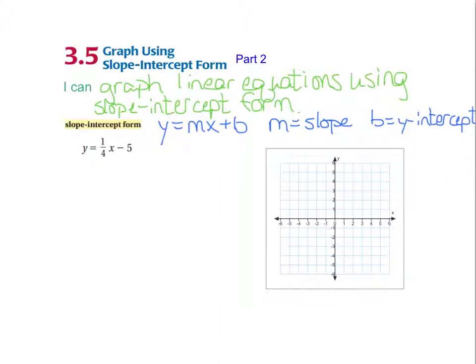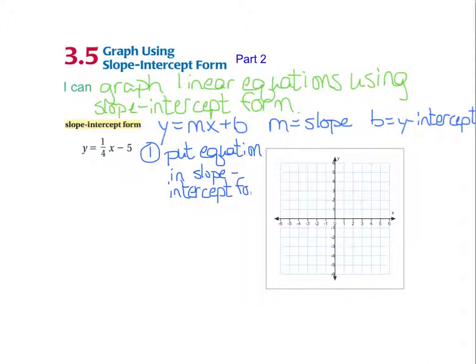Here's what we do. The first thing you need to do is make sure the equation is in slope-intercept form, which basically is just another way of saying isolate y, right?